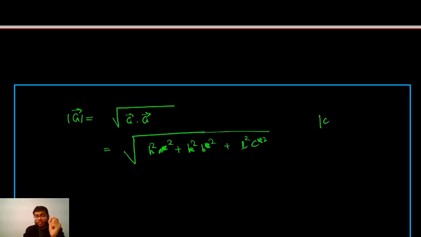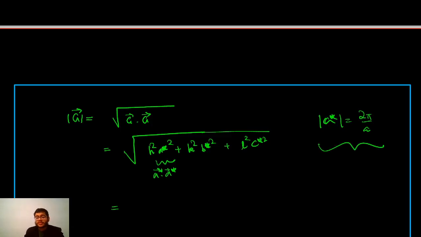So this is the mod of A star, which is just 2 pi by A, right? Or you can also write it as A star dot A star, which becomes A star square.